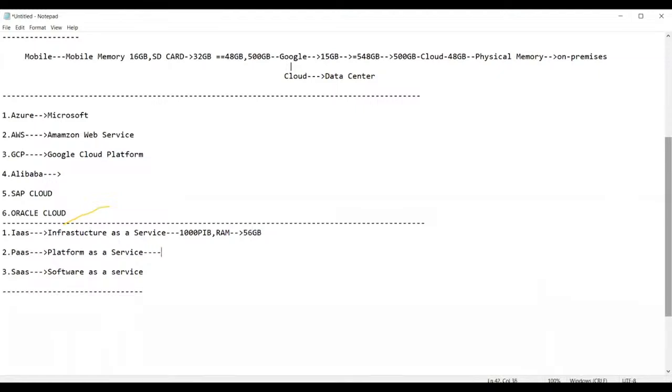What is a platform, guys? A platform is generally a type of operating system. We are using Android as an operating system, and Apple is using another operating system.